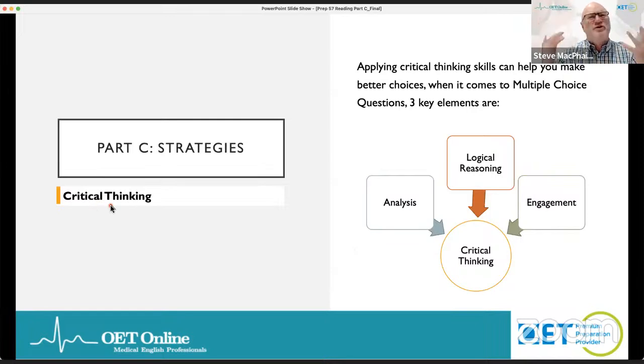Well, we're doing critical thinking. So what is critical thinking? Well, I would say, particularly when it comes to multiple choice questions, there's a few things you need to do. I'll start on the right-hand side, engagement. You've really got to engage with the question stem, the text, and the answer choices.